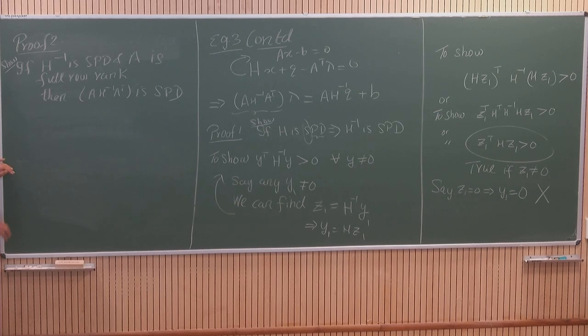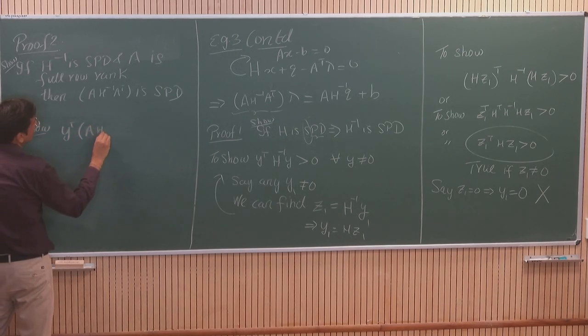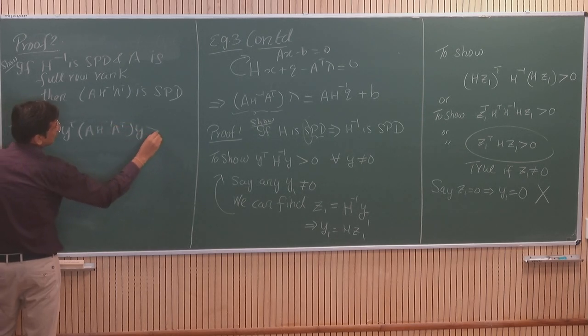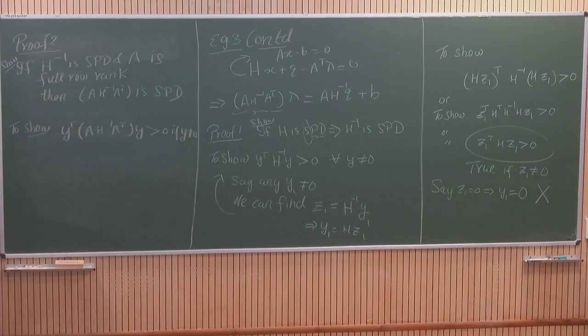Do the same thing again. We'll do the same thing to show y transpose A h inverse A transpose y is strictly greater than 0 if y is not equal to 0.